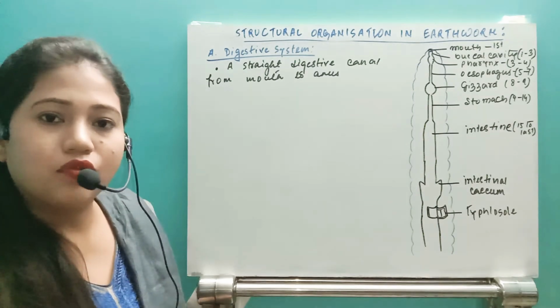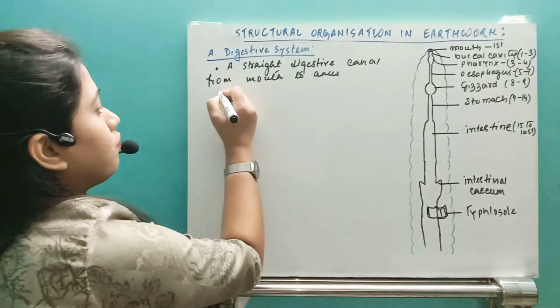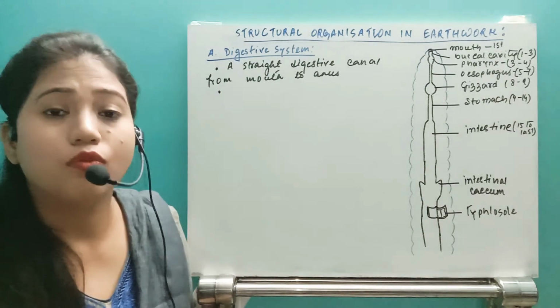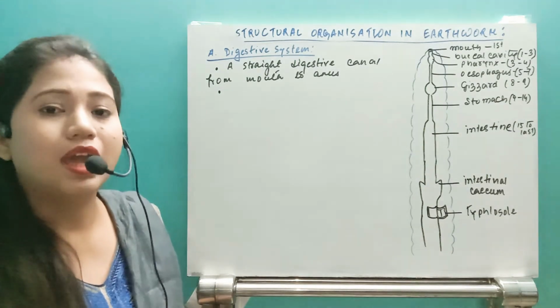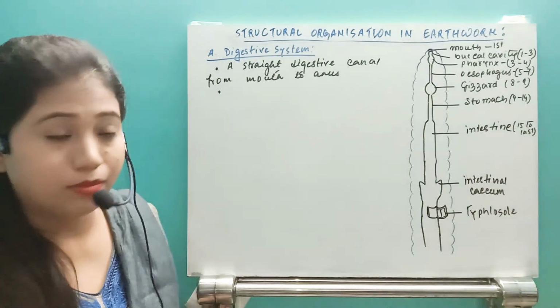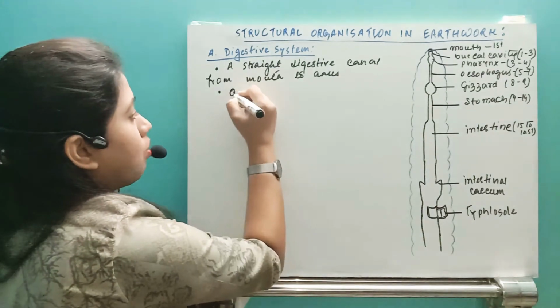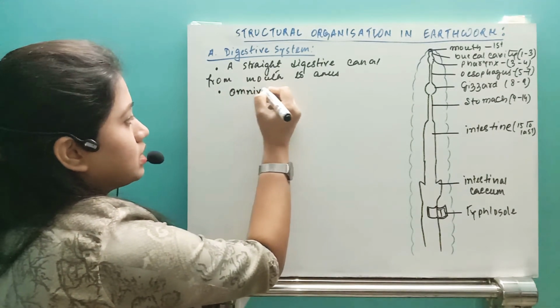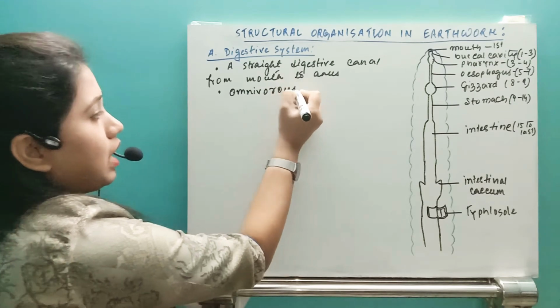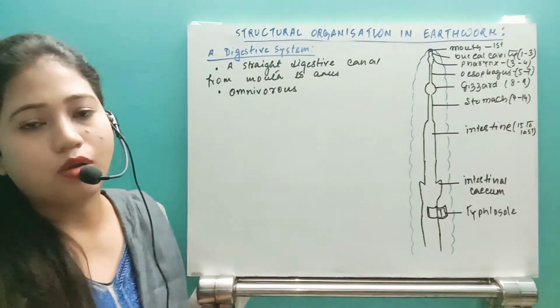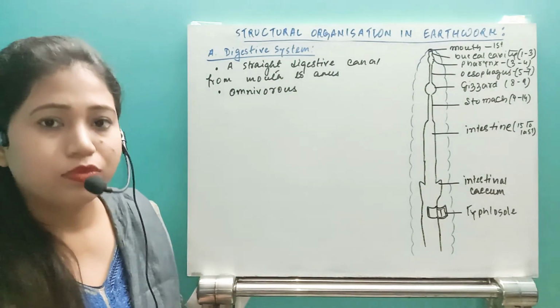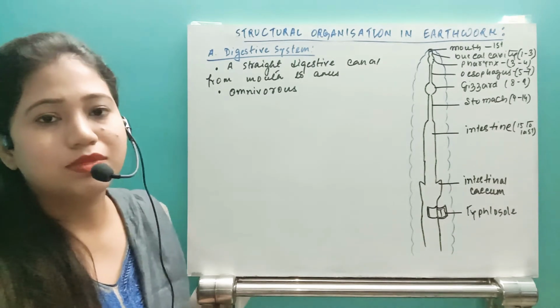The next thing we should know is what type of food the worm takes. The earthworm is omnivorous. Remember, this organism is omnivorous. That means it can take animal originated or plant originated tissue. Basically this organism takes in soil.